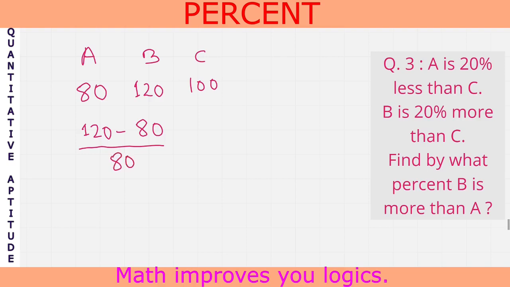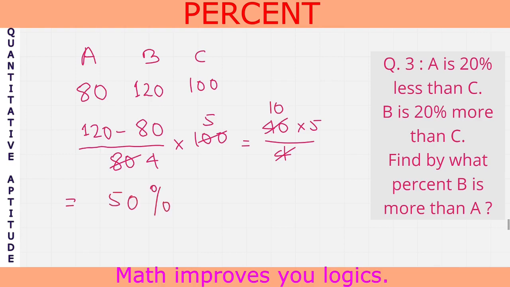So it is 120 minus 80 upon 80 multiplied by 100 for percent. 20 cancels 80 four times and 20 cancels 100 five times. This is equal to 120 minus 80 is 40. 40 multiplied by 5 upon 4, and 4 cancels 40 ten times. This is equal to 50%.